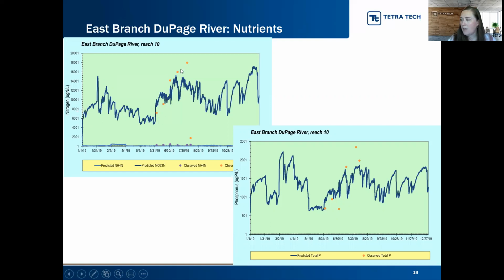We're seeing the correct kind of trends here. We're missing this one little dot down here. I'll talk a little bit about what it means to miss an observation, and the relevance of that.